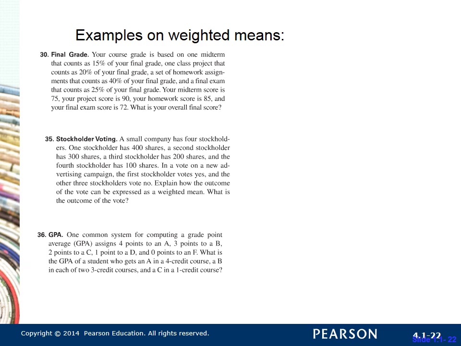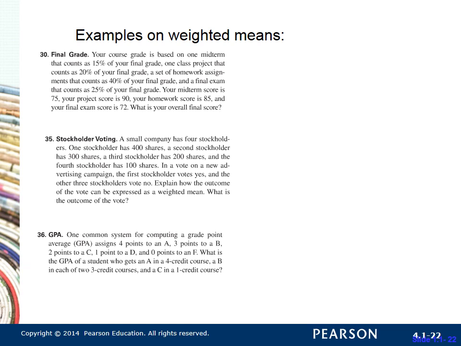Since an A gets 4 points, I'd do 4 times 4 to get 16 points for my A. I have a B in a 3-credit class, and each B is 3 grade points, so 3 times 3 is 9. I did another class, got a B for 3 credits, so 3 times 3 is 9. And I got a C in a 1-credit class. A C counts for 2, so 1 times 2 is 2.